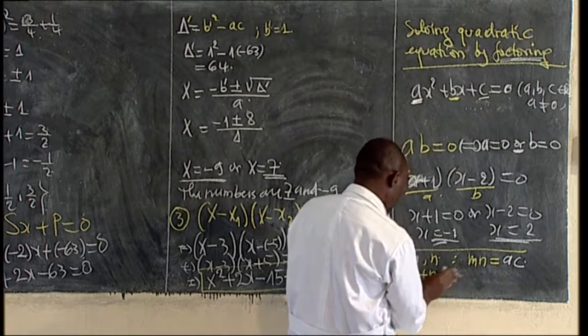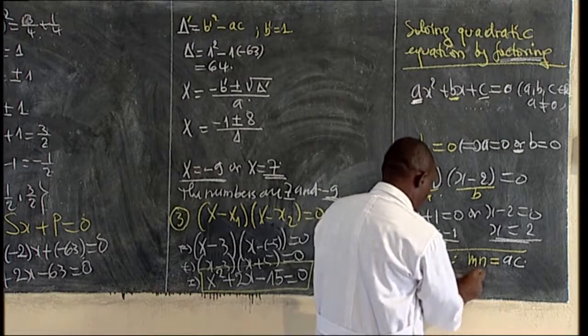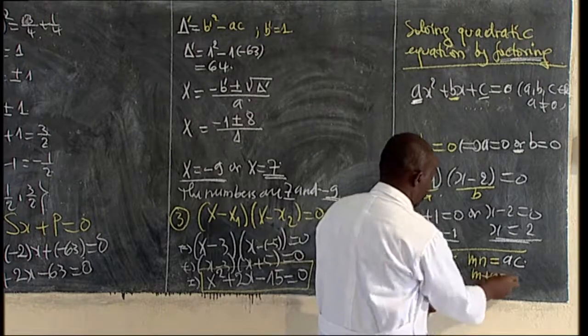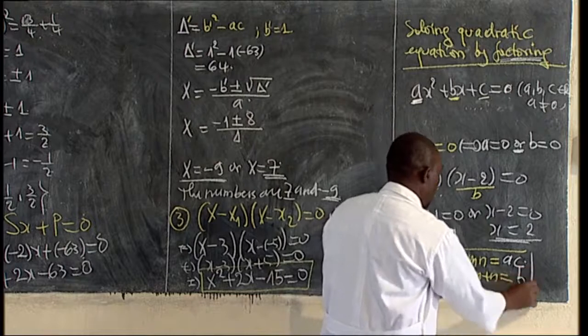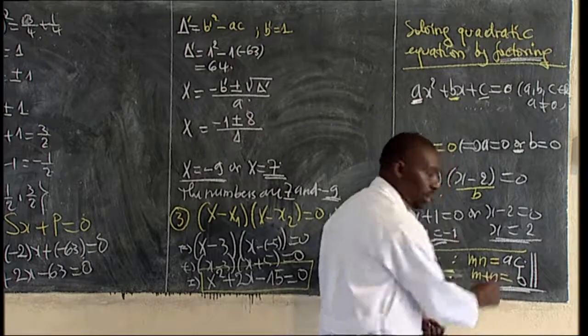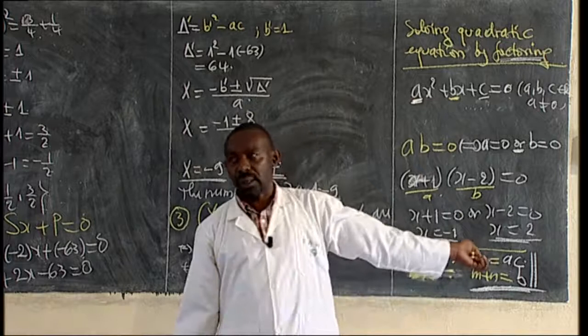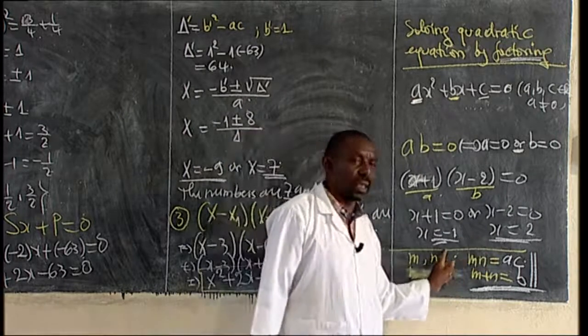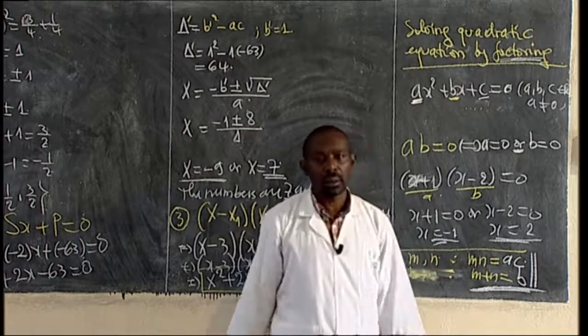If this condition is met, you can apply the method. In case you can't find the m and n, it means the method failed. Okay?